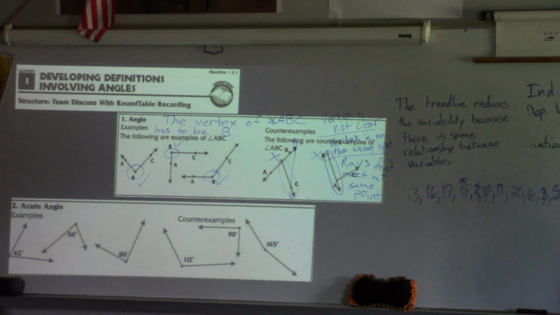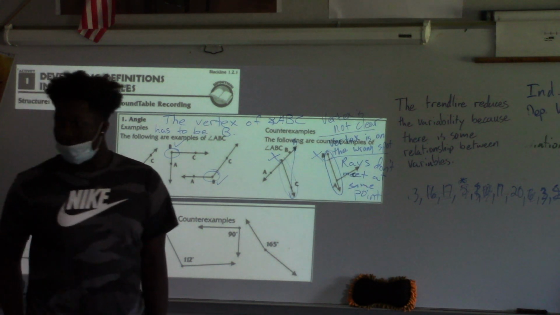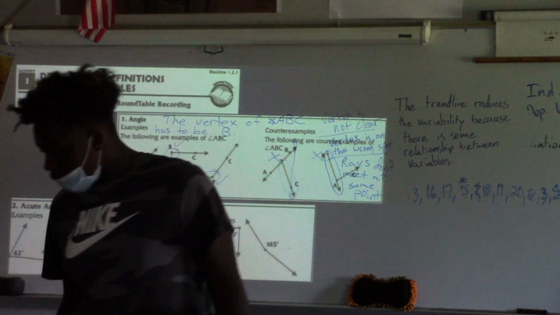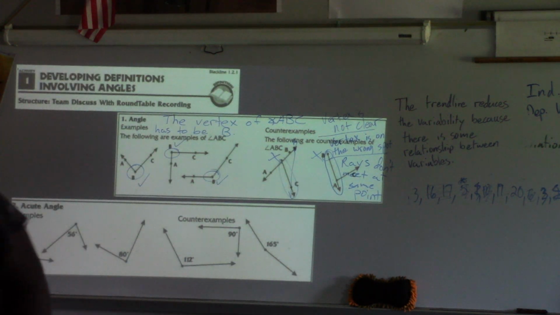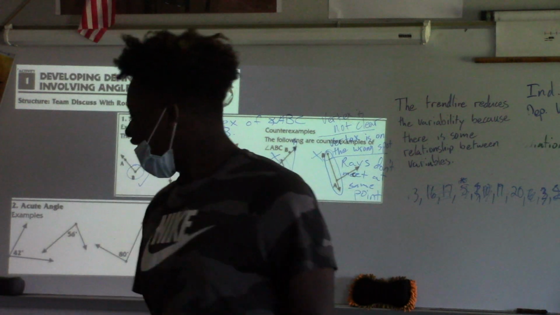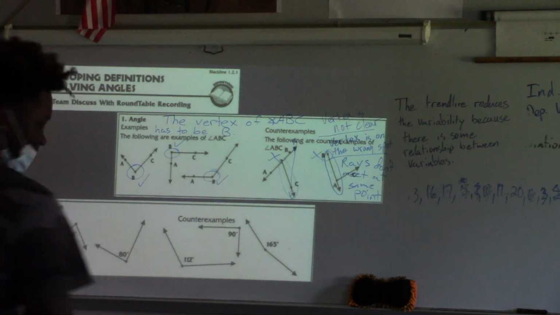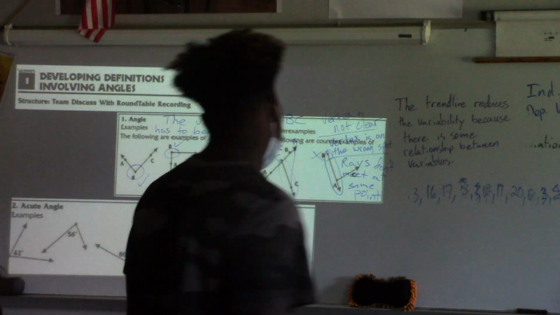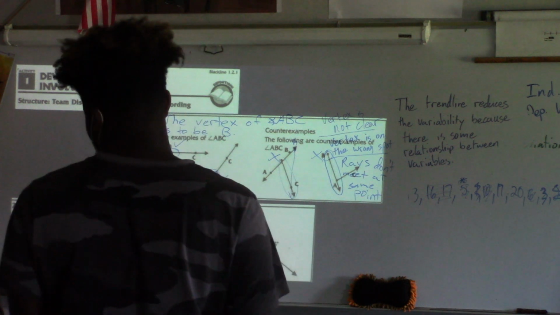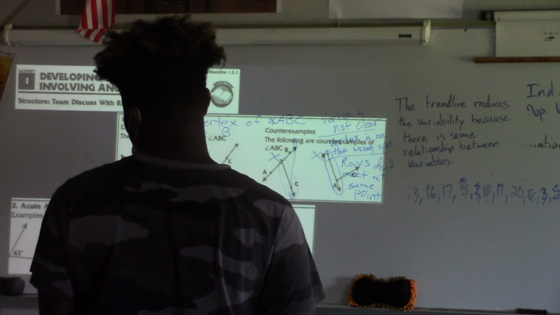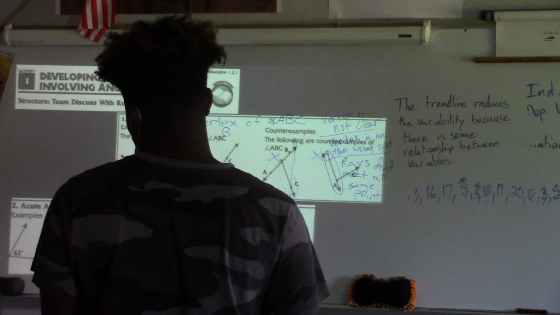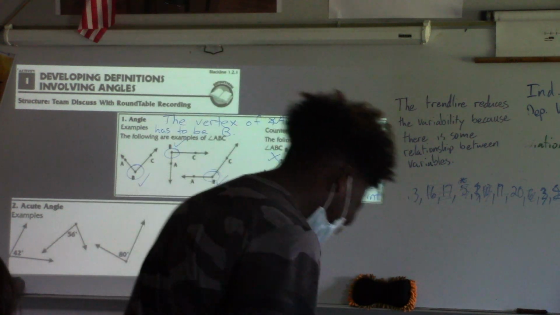Things under 90? Oh my gosh. We'll build up. Do you agree with that definition? Tyson, you agree with that? Brandon? You agree with that definition? Acute angles are what?